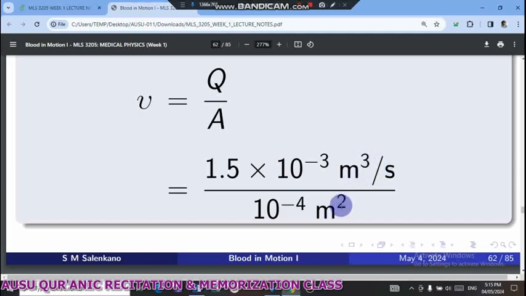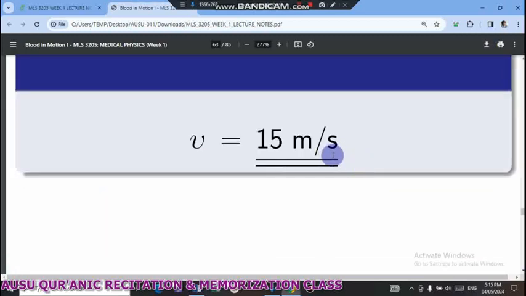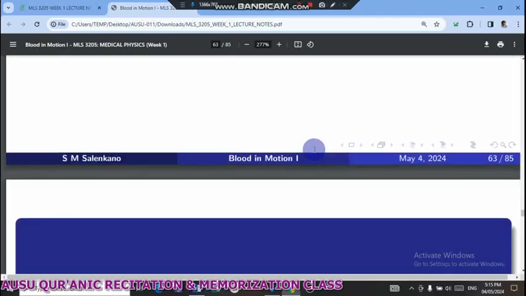The meter squared will cancel 2 meters here. Here is like meter times meter times meter, 3 of them, and here you have meter times meter, so the 2 will cancel the 2 here, and you still have 1 meter remaining, then per second, and that is the unit of velocity. So you obtain the velocity as 15 meters per second.